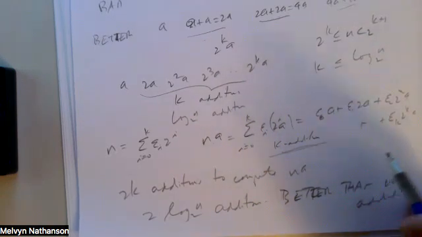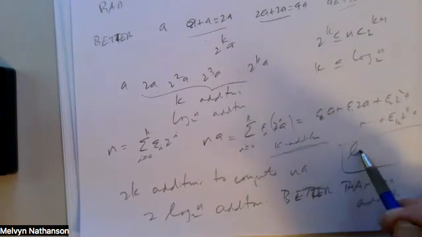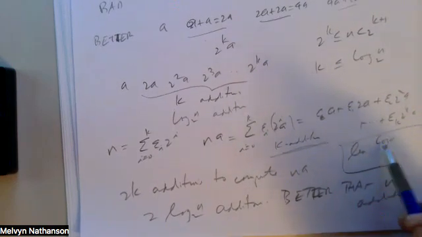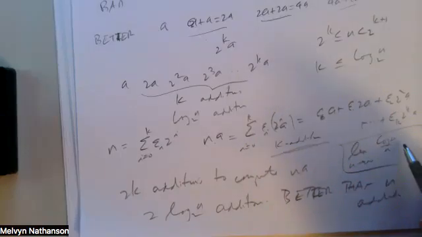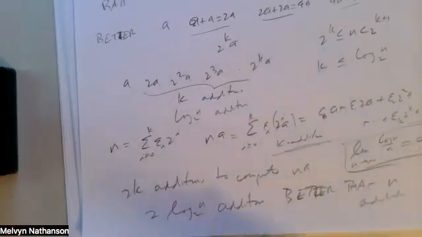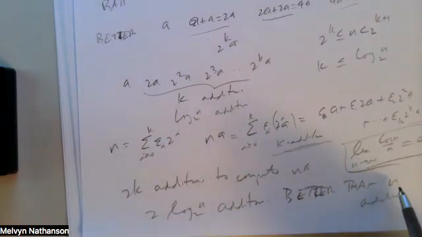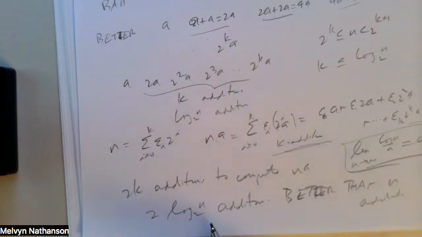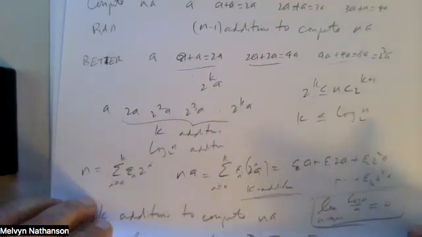I mean, you know that from calculus, the limit of log n over n as n goes to infinity is 0. So when n is large, log n is much, much smaller than n. You're doing many fewer additions by this double and add method. And it's completely analogous to the square and multiply method for computing powers.